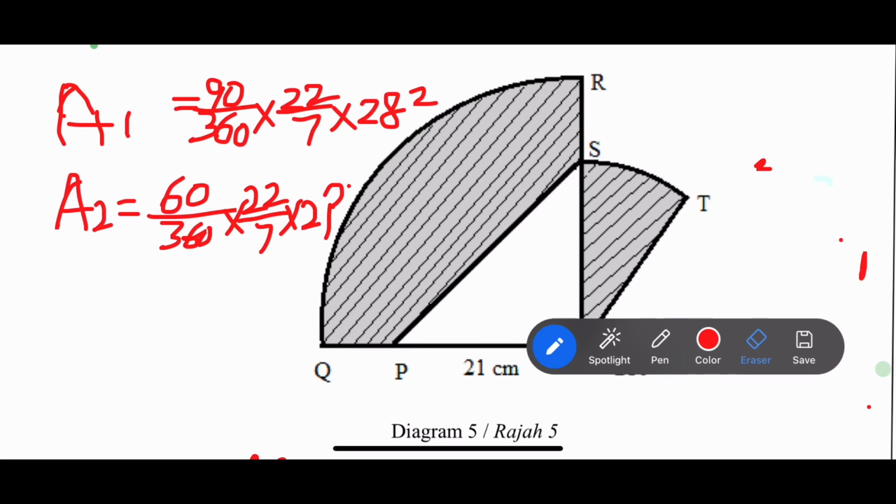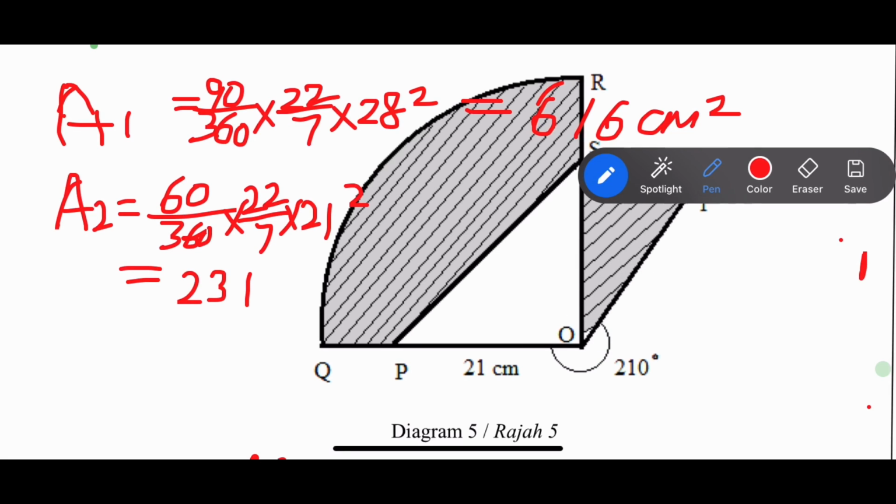Remember to square. So A1, you press the calculator and the answer is 616 centimeter square, and area for the small sector is 231 centimeter square, right?